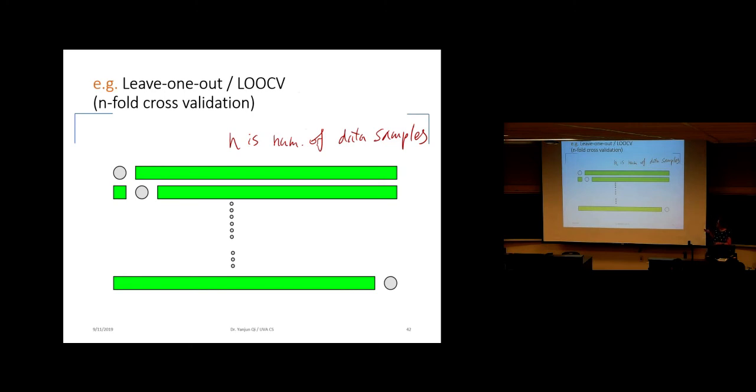Essentially this is n-fold cross-validation, but people normally call it leave-1-out cross-validation. You loop over all the training samples, removing one, using all the rest to retrain the model, and then using the next sample as test, until you use the last sample as test. This is an extremely expensive operation because you have to do n times of training.